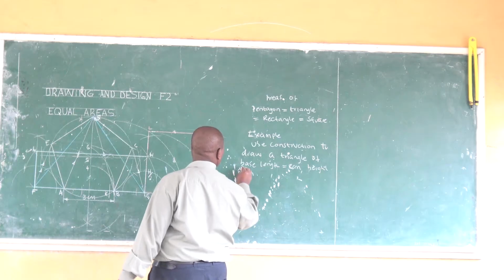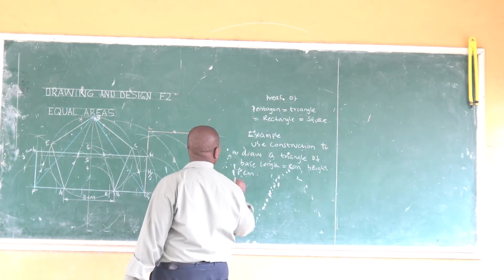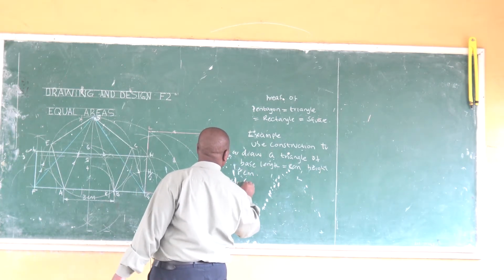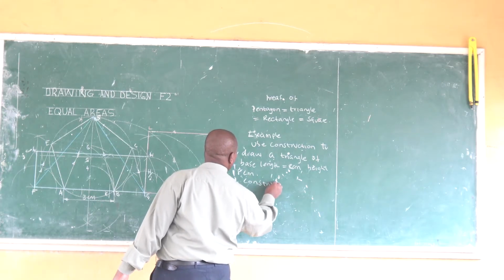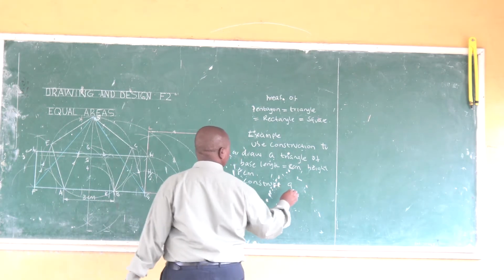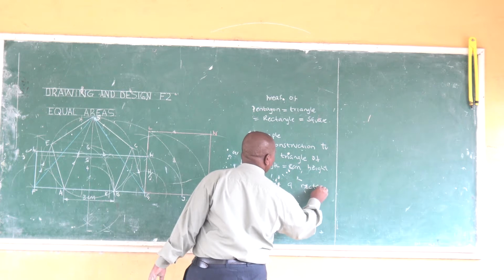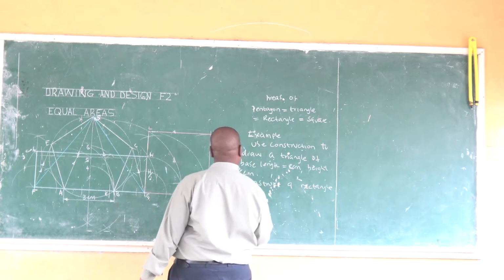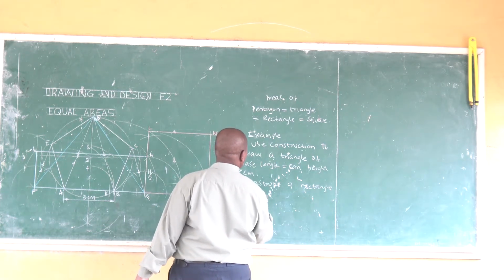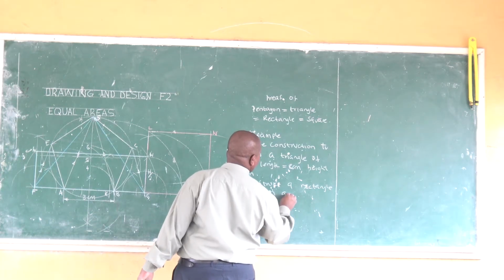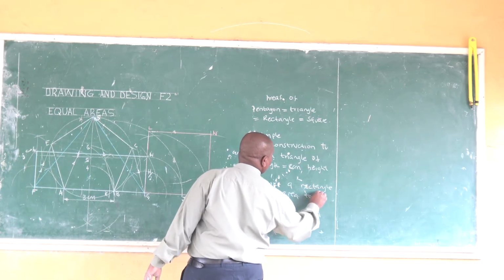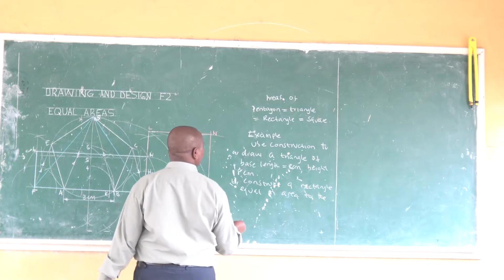Then B, construct a rectangle equal in area to the triangle.